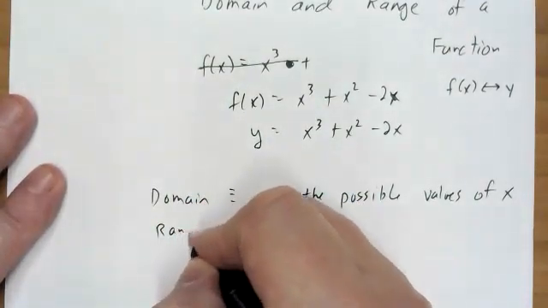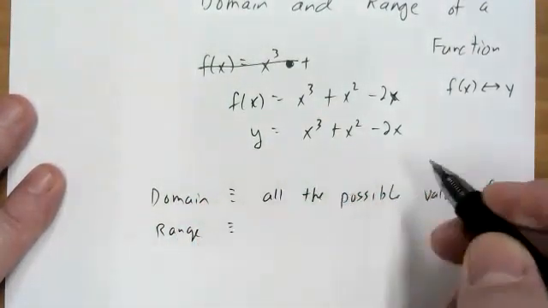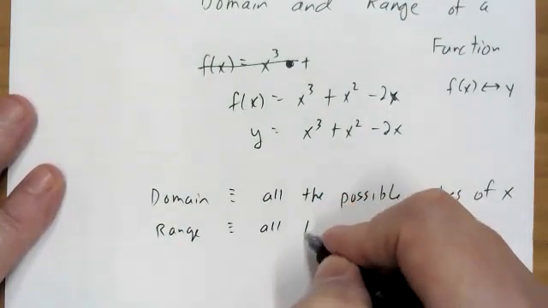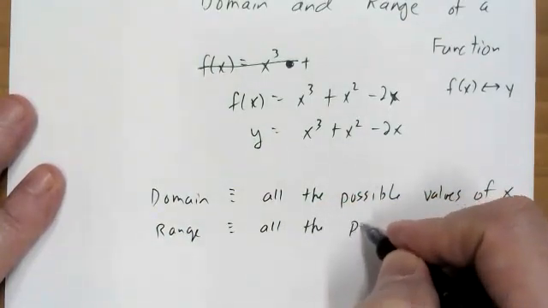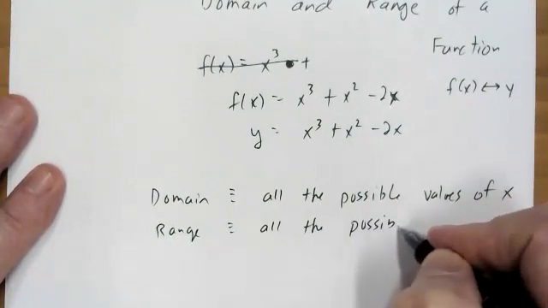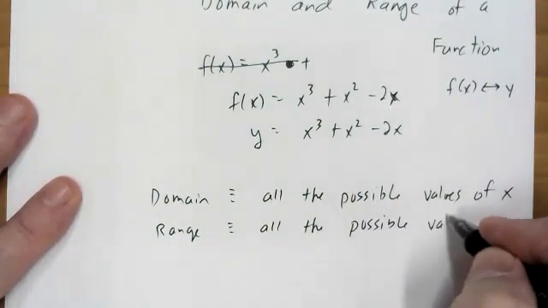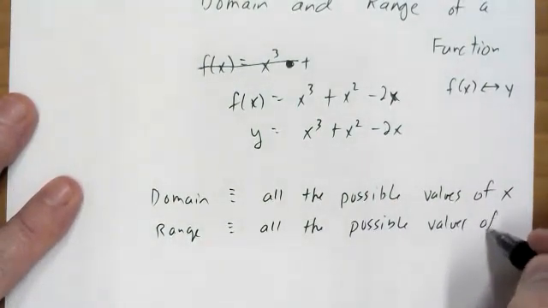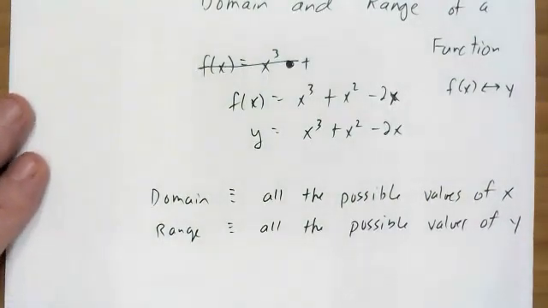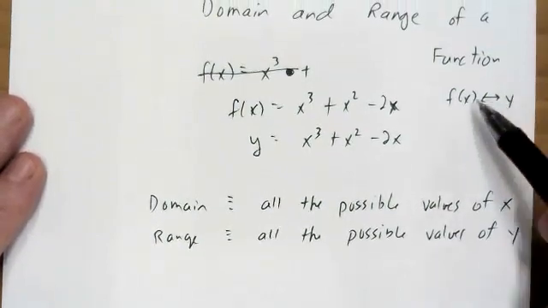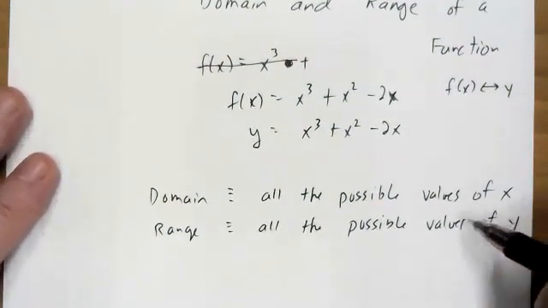And then range, it's almost the exact same verbiage. The only difference is the range are the possible values of y. And this is why I talk about going back and forth.